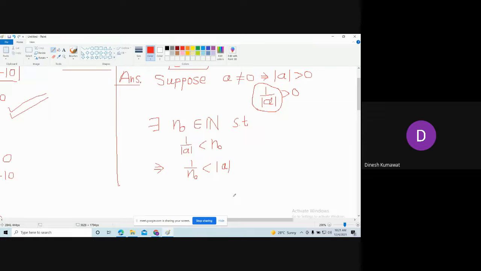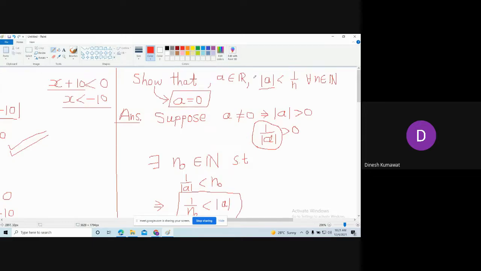यहाँ तक क्लियर है? Yes, sir. But is it true? Because see, in our statement we are assuming that mod a is always less than 1 by n for every natural number, and here we are getting one natural number such that this mod a is bigger than 1 upon n naught.